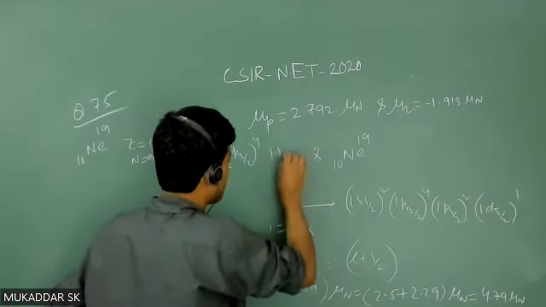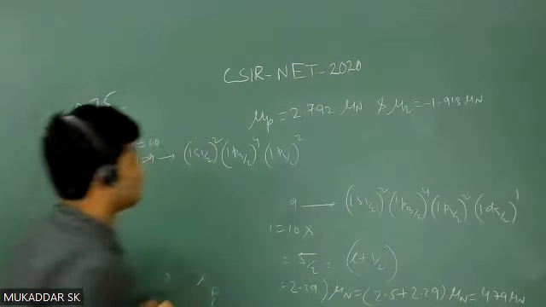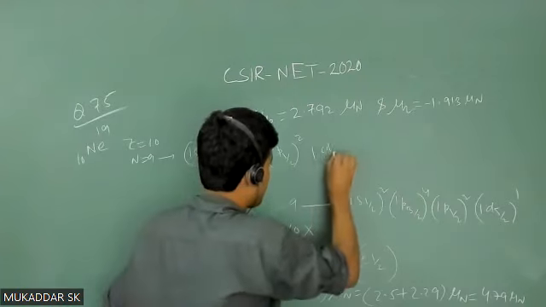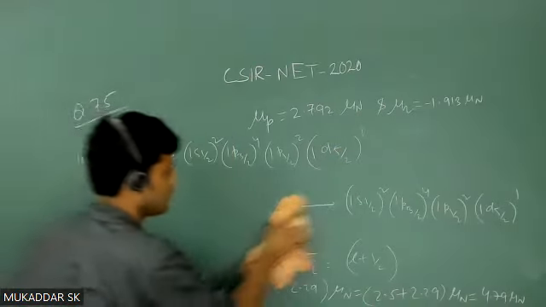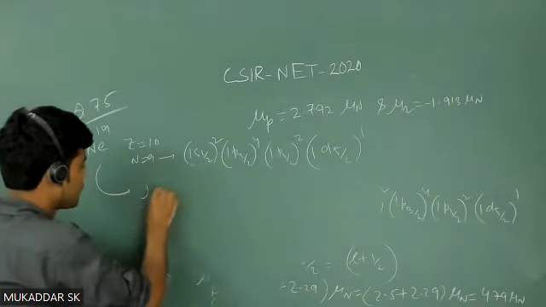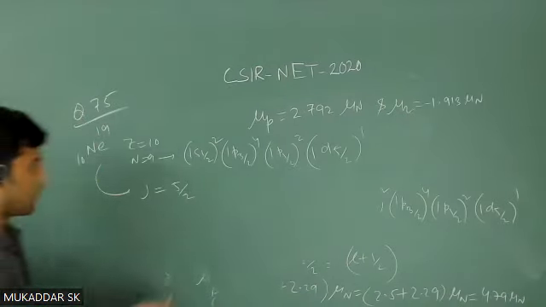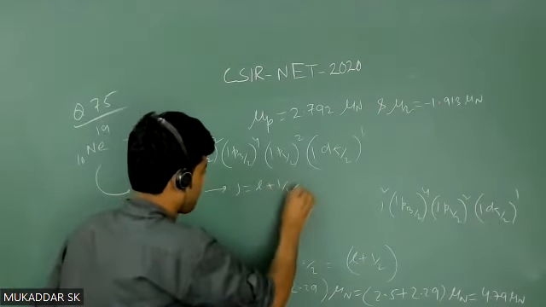In the next shell, you will have p1/2 that will contain 2 neutrons, and the last neutron will be staying again at d5/2. So obviously the nuclear spin of this nucleus will again be J equals 5/2. But this is contributed by the neutron and has the J equals L plus half condition.